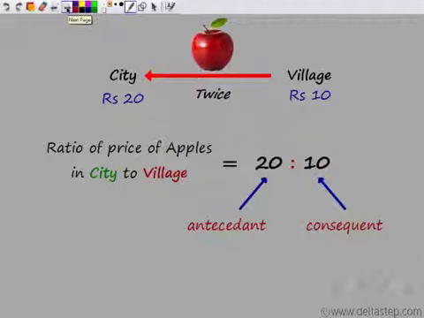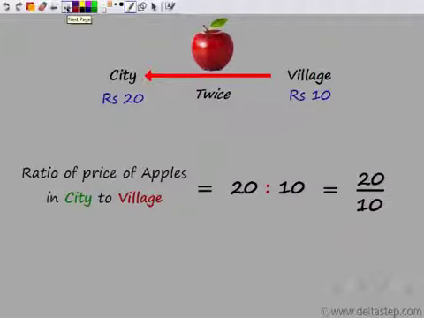The first term, the antecedent, tells you the price of apples in the city. The second term, the consequent, tells you the price of the apples in the village.